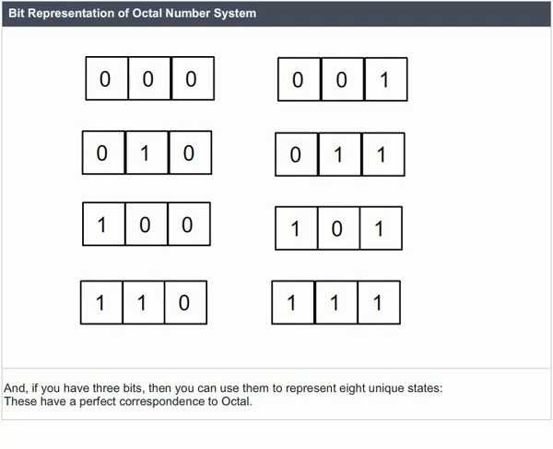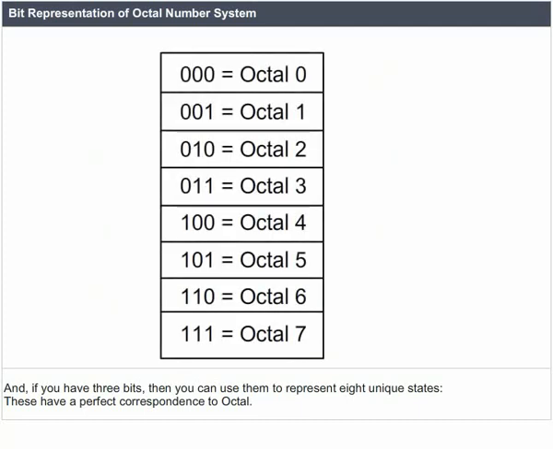These have a perfect correspondence to octal. 000 equals octal 0. 001 equals octal 1. 010 equals octal 2. 011 equals octal 3. 100 equals octal 4. 101 equals octal 5. 110 equals octal 6. 111 equals octal 7.